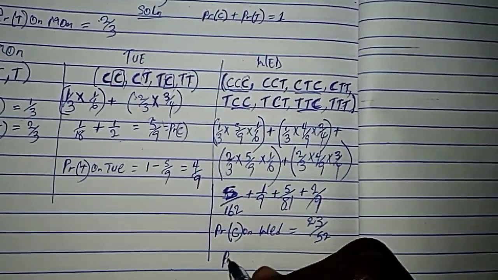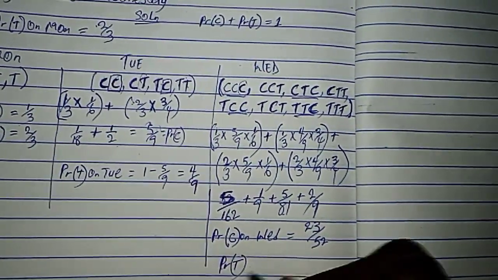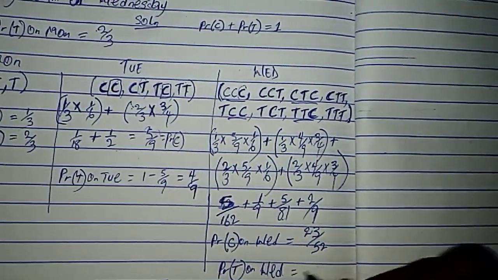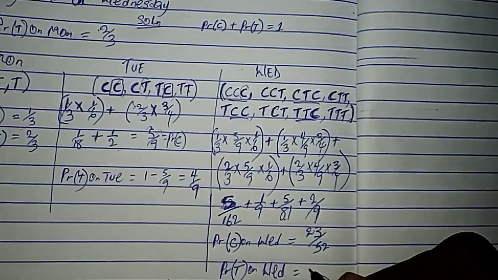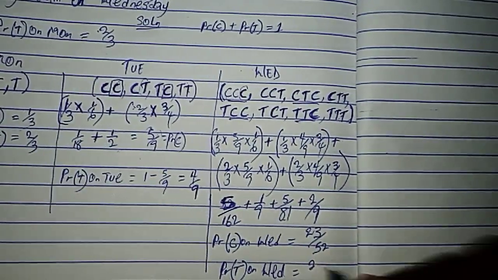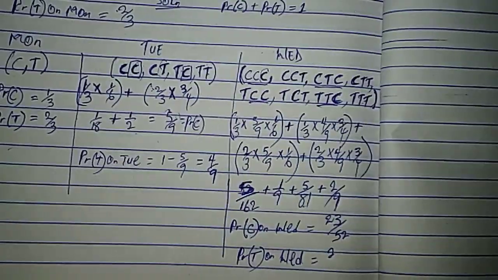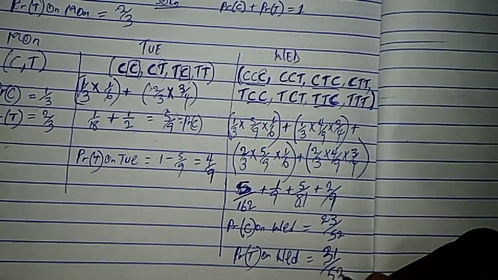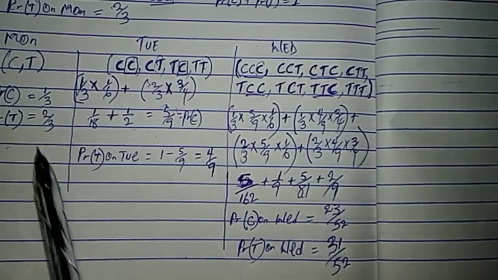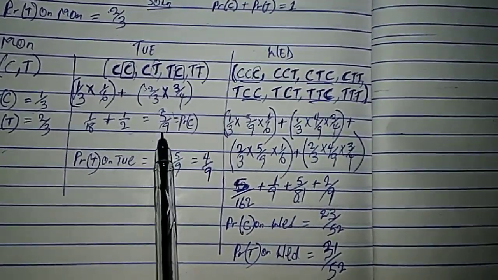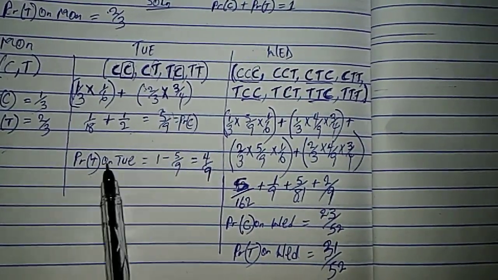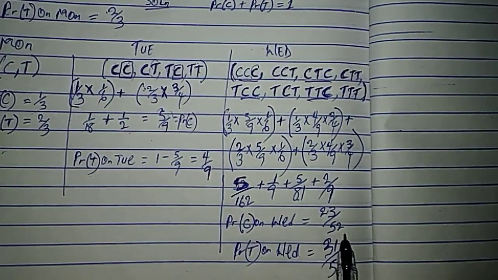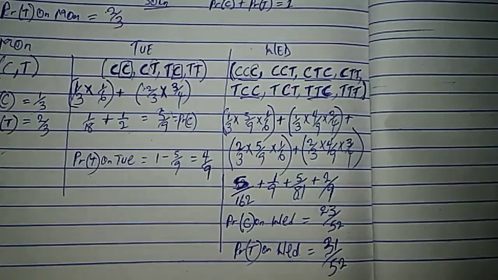So that is 1 minus 23/52, that would be 31/52. So these are the probabilities of him traveling by car on Tuesday 5/9, by train on Tuesday 4/9, by car on Wednesday 23/52, by train on Wednesday 31/52.